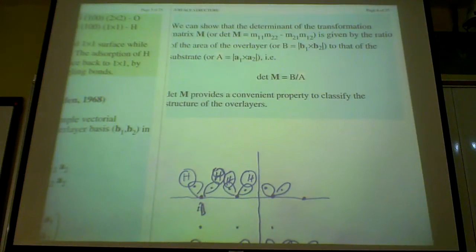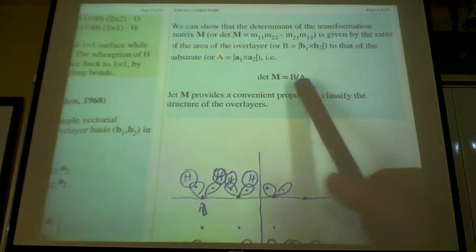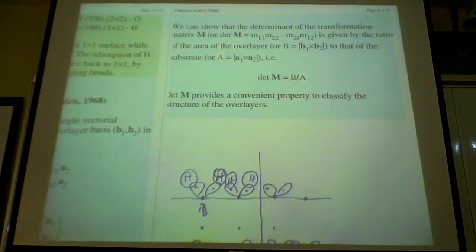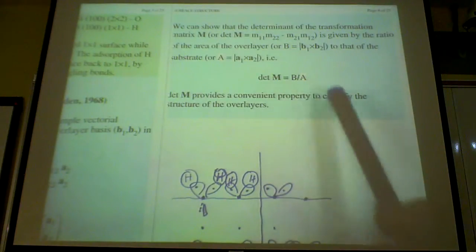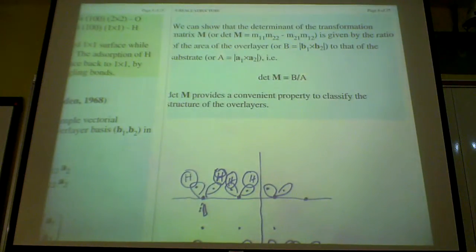And this determinant turns out to be an interesting number. This transformation determinant turns out to be the area ratio between your overlayer grid versus your substrate grid. Okay, so B and A here are the areas of your unit cell: B for the overlayer, and A for the unit cell of your substrate.